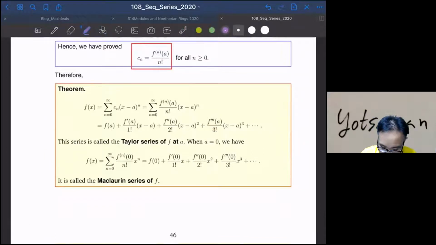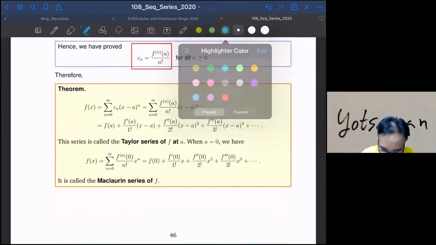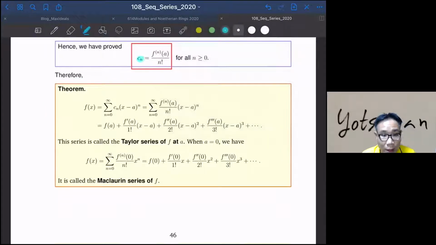So you have your c_n given by this formula, f to the n of a over n factorial, and this gives you the representation in terms of a power series. So we have successfully found the formula, and this is called the Taylor series of f at a.